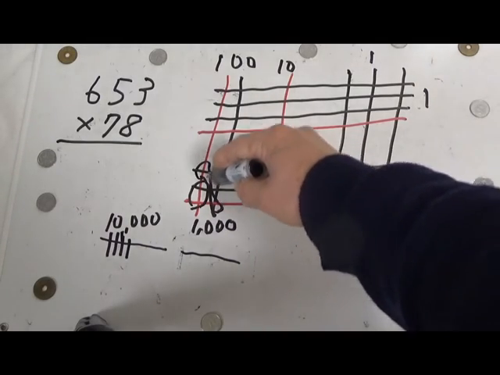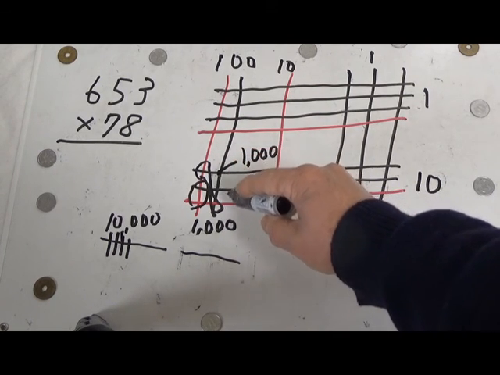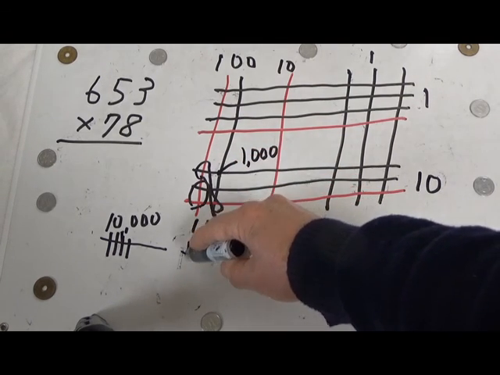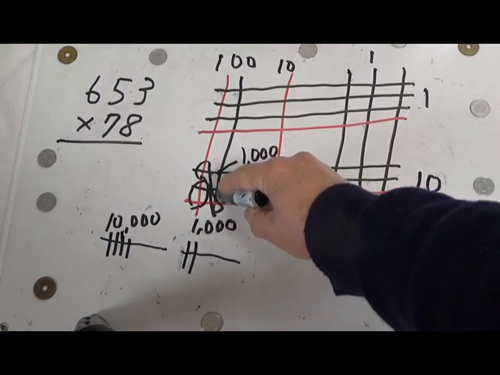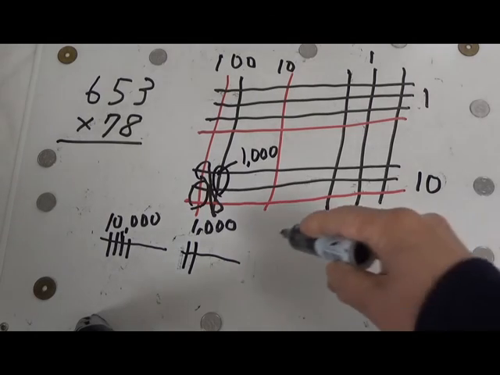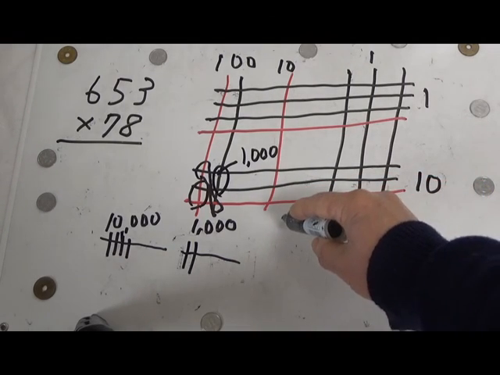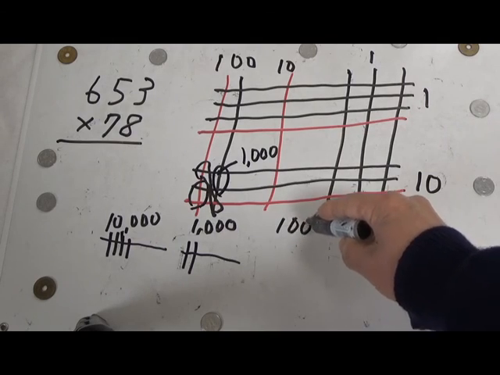And remaining 2000. Now the order of 1000 is over, so let's move to 100.